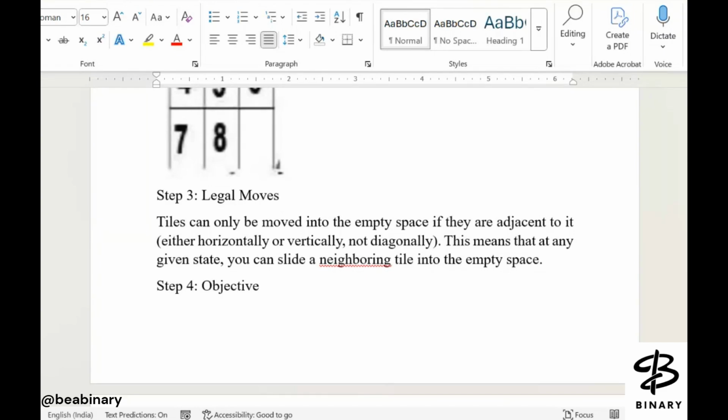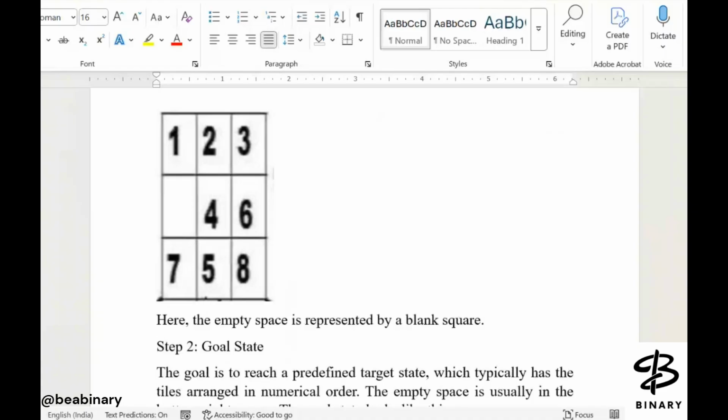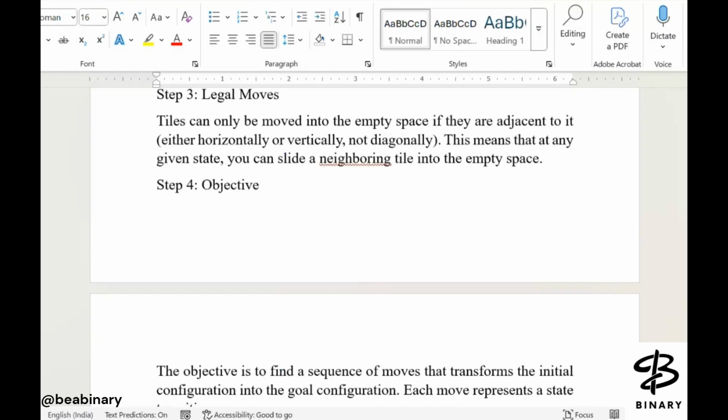Then in step 3 you learned the legal moves. What are legal moves? If we talk about the initial state, the blank slide or blank block can slide to the right, to the top and to the bottom, but cannot slide to the left. Why can it not slide to the left? Because there is no space on the left. So 3 possible moves will be there. So in step 3 you talked about the legal moves.